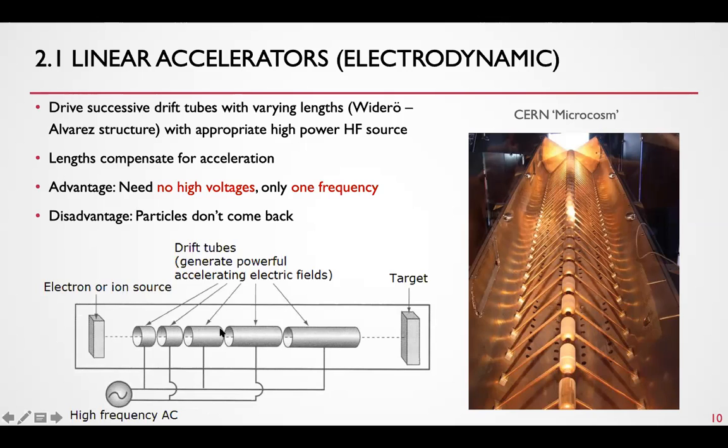So the ingenious idea, I hope you can understand this, is to reflect the dynamics of the acceleration in the length of these drift tubes, so that we can operate it with a single high frequency, high power voltage source.